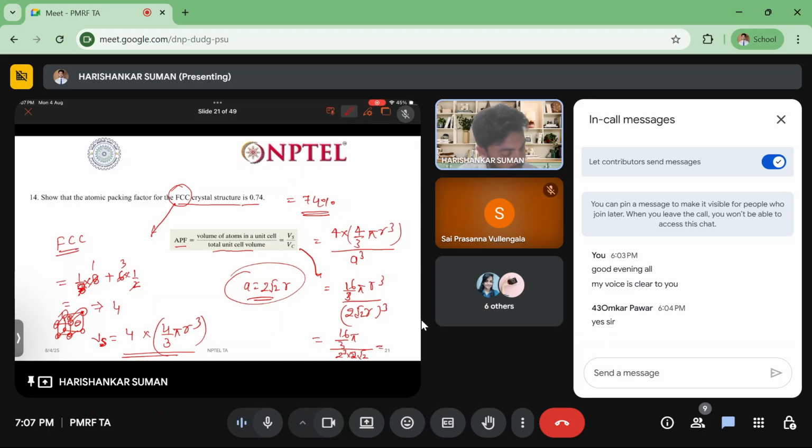Now please calculate this, it will be 74%, or in simple terms 0.74.